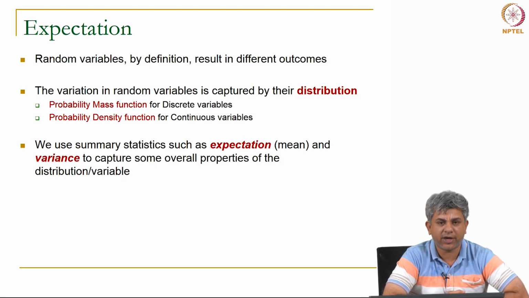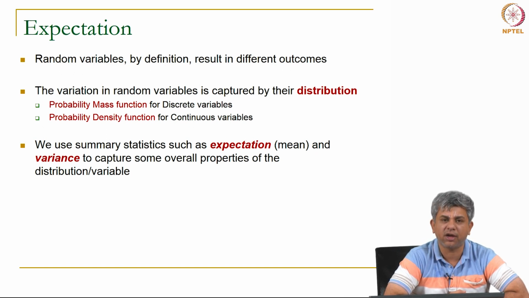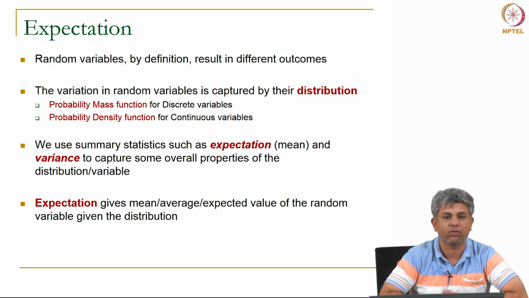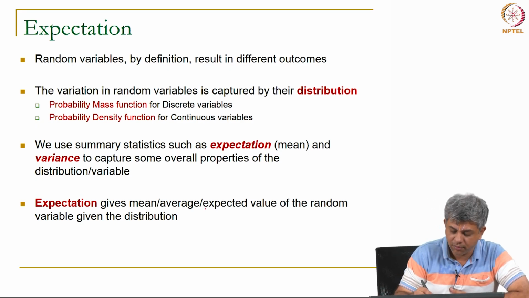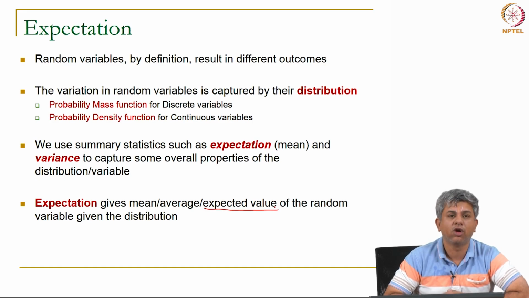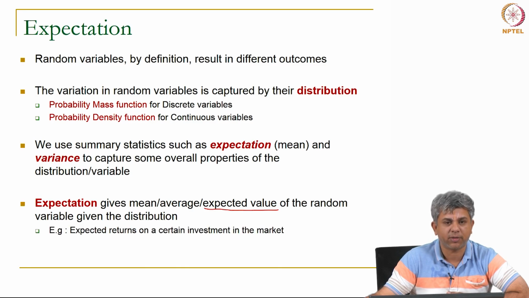The expectation is something that you are already familiar with; we usually call it the mean or the average, but in the context of random variables we tend to call it expectation. The expectation gives the mean, average, or expected value of the random variable once you know the distribution. That is important: you need to know the distribution of the random variable, then you can find out the expectation.